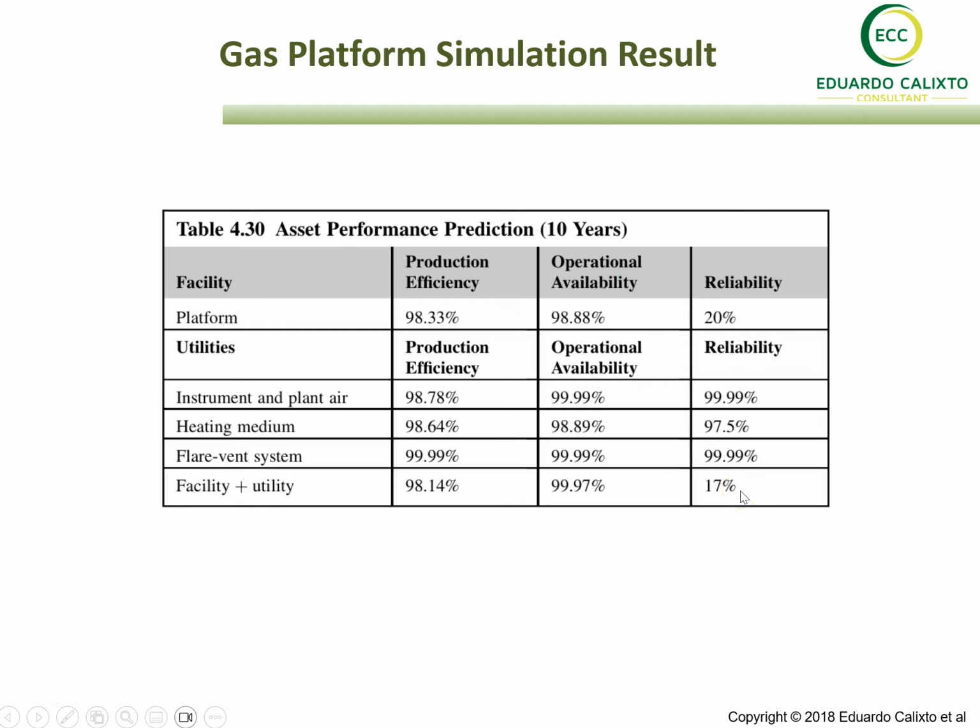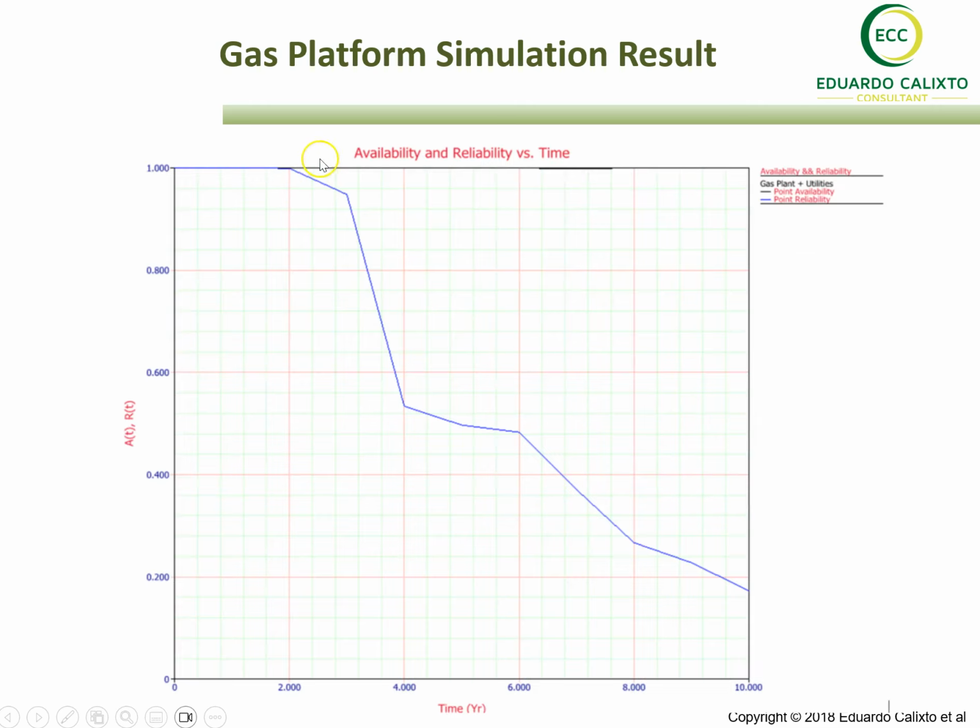So what does this result mean? I achieved the targets defined for production efficiency and operational availability, but the reliability is very low. We can see in this picture, which is a result of the software simulation, that we have high operational availability, but the reliability is starting to decrease along the time.